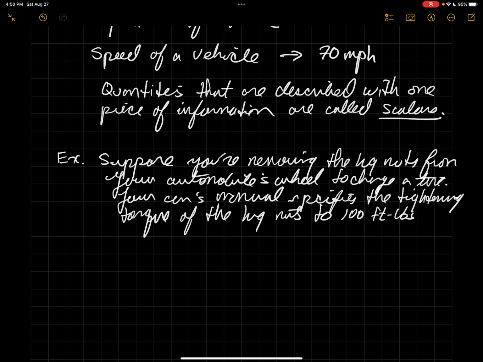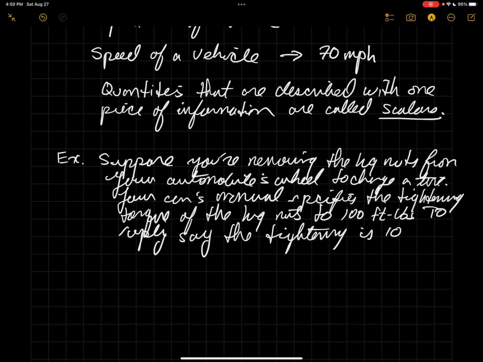Okay, but if all we know is that the tightening torque is 100 foot-pounds, that's actually incomplete information, okay? So to simply say the tightening torque is 100 foot-pounds is incomplete information.